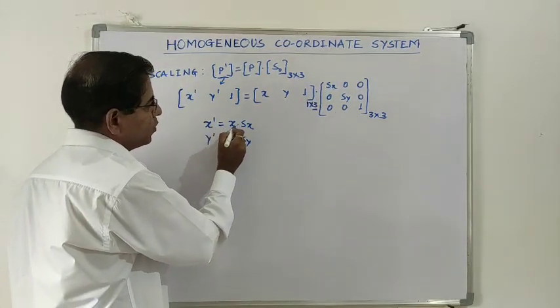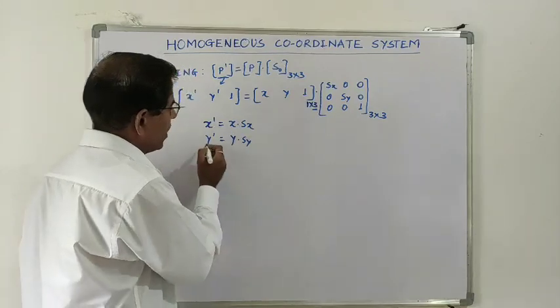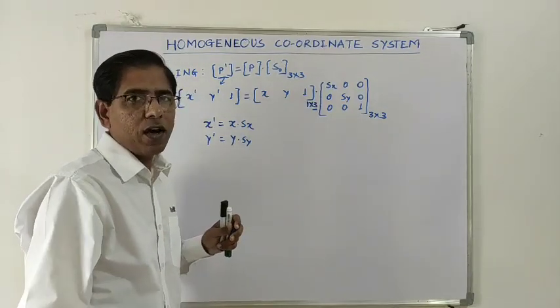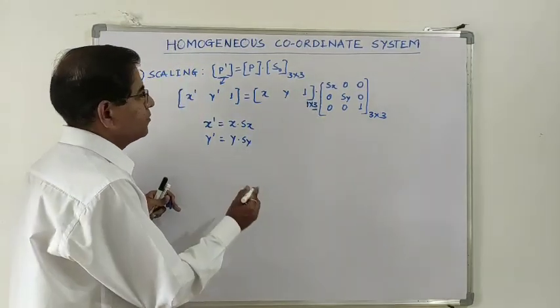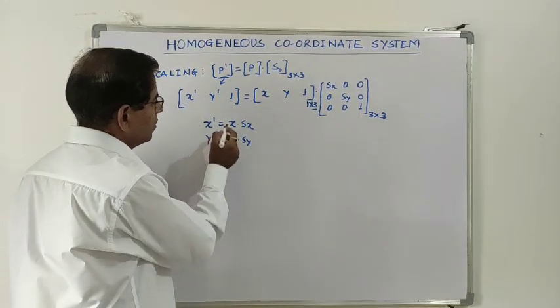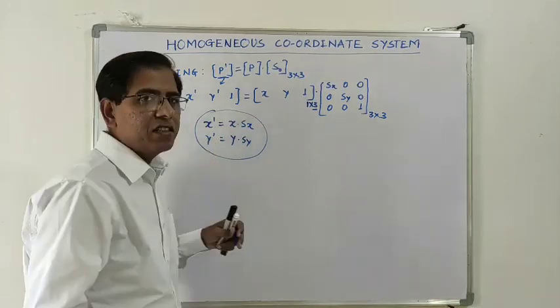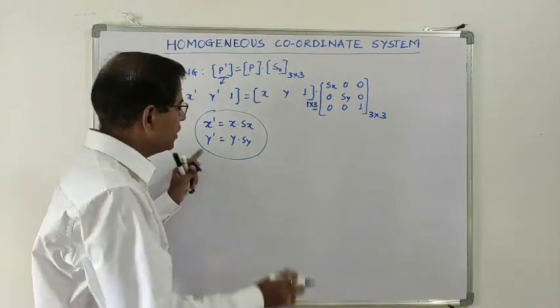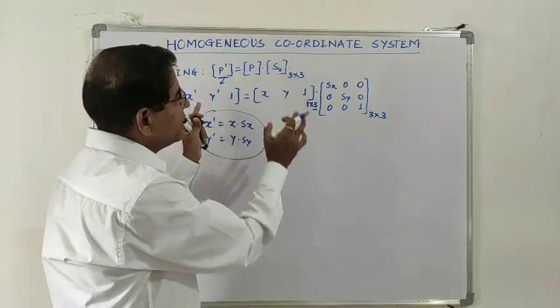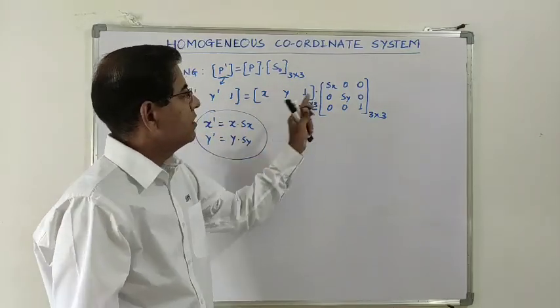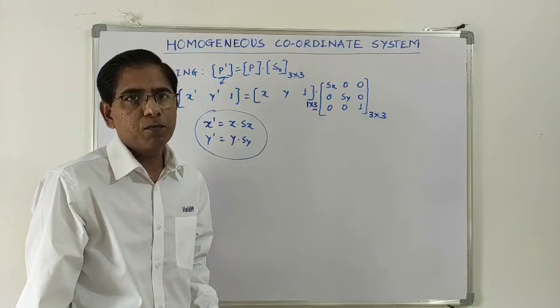So x dash is equal to x into sx, and y dash is equal to y into sy. So without changing the meaning of this relation that we have derived, without changing the meaning of the original expressions, we have rewritten the entire thing in homogeneous system. Okay.